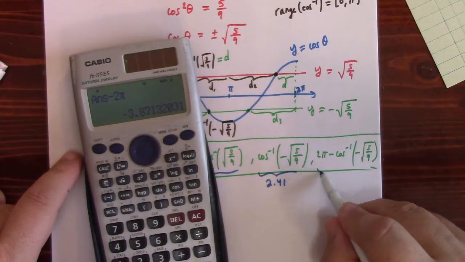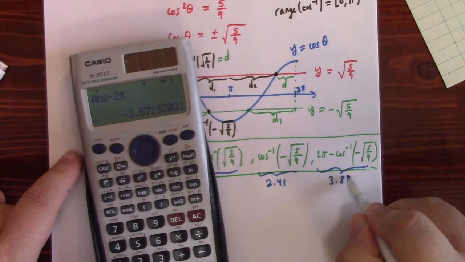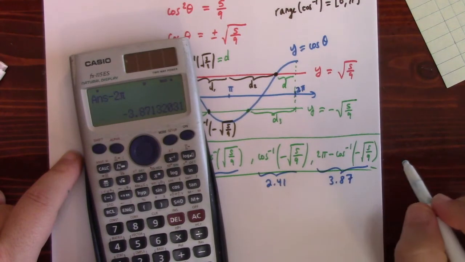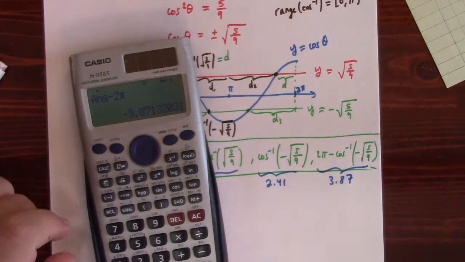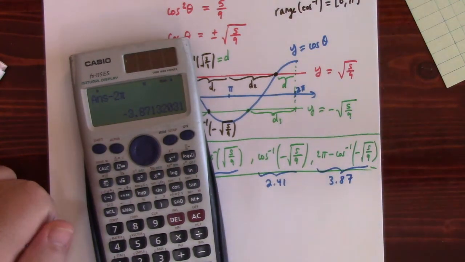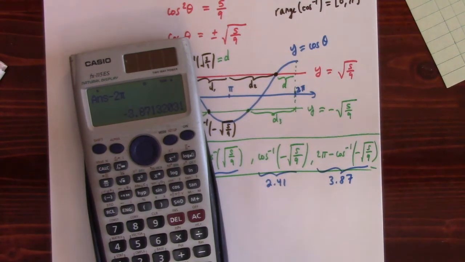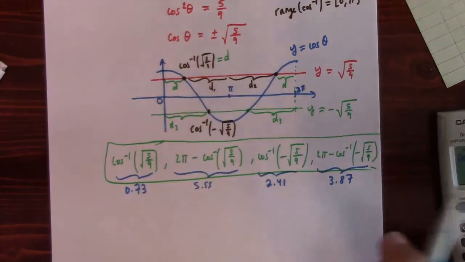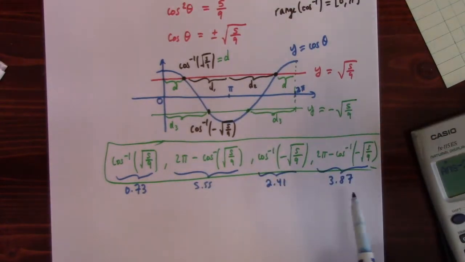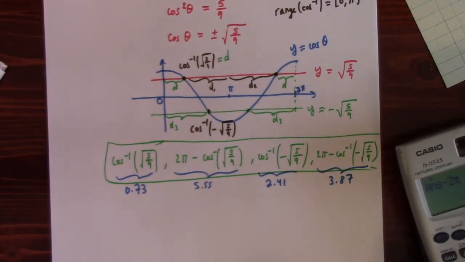So this one over here is 3.87. Wait a minute. Oh, I'm a dummy. Oh, I'm sorry. I'm an idiot. That's this one. That makes sense. I was bothered by the number for a second. So those are the numbers I get.